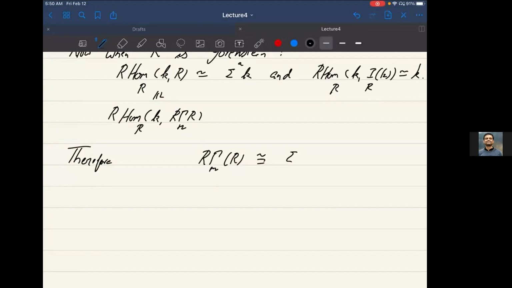And in fact, that suspension is really this. Again, let me remind you that a is minus the dimension of R.